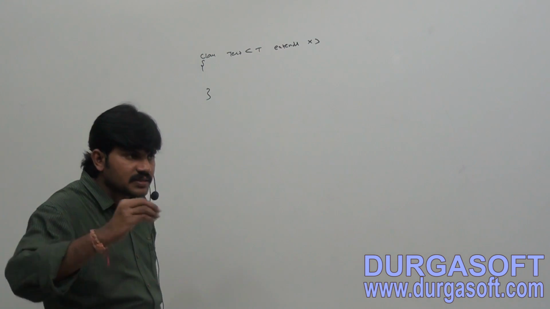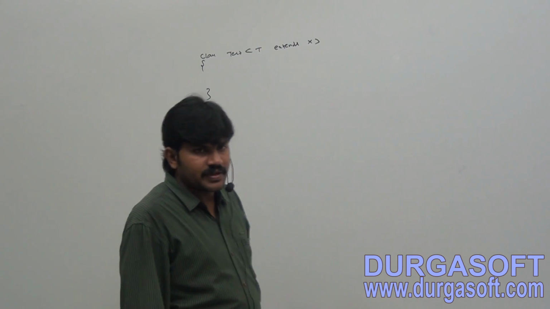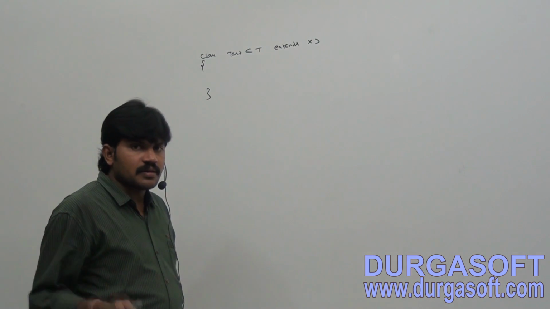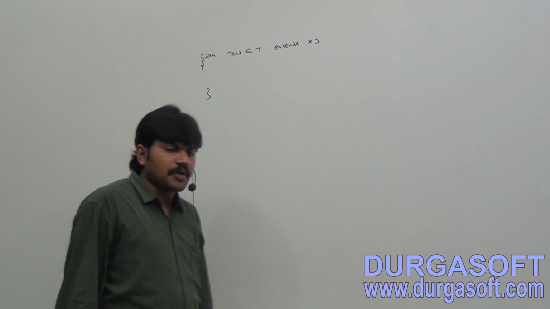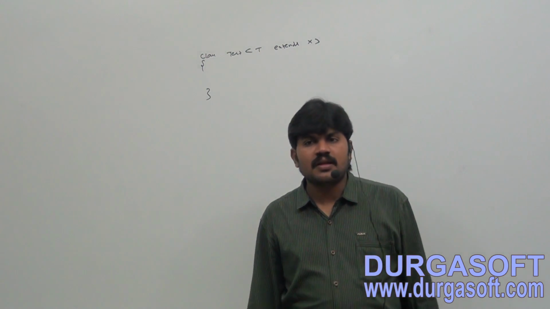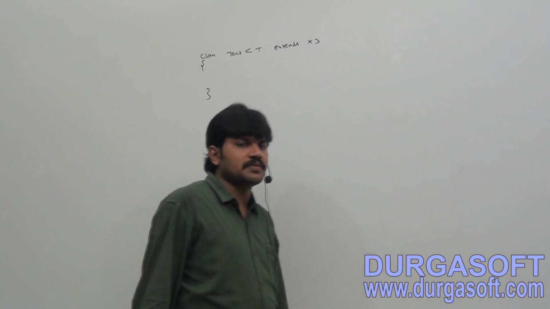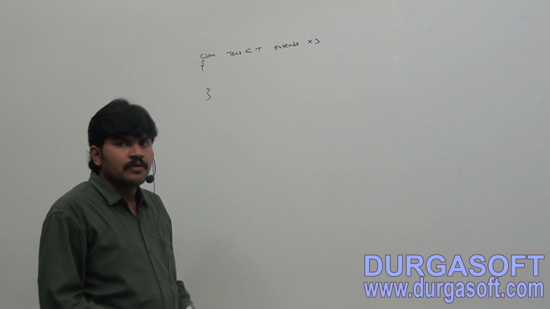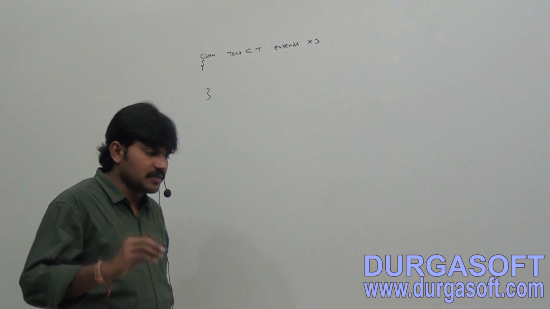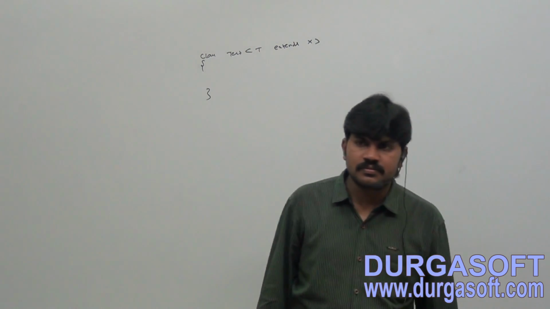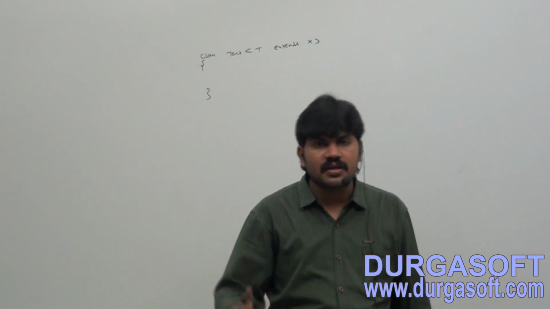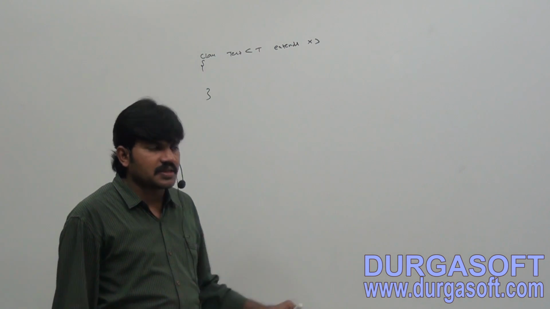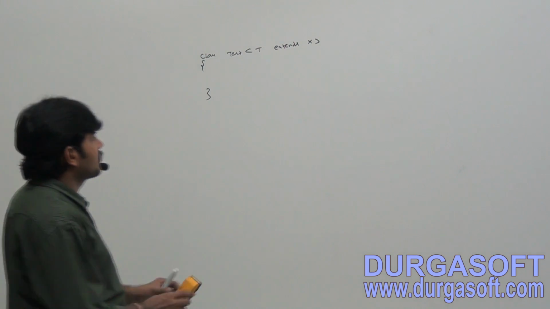Next, if X is an interface, then at the type parameter we can pass either X type or its implementation classes.